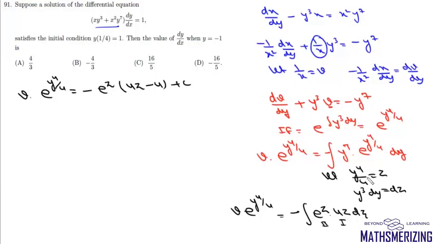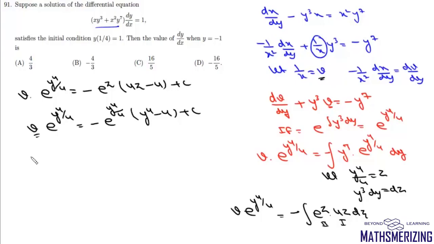Now we'll put z as y to the power 4 upon 4. So it'll be v into e to the power y to the power 4 upon 4 equals minus e to the power y to the power 4 upon 4 into y to the power 4 minus 4 plus c. Now we'll also put the value of v, which is 1 by x.